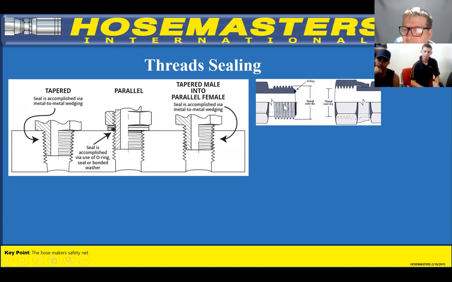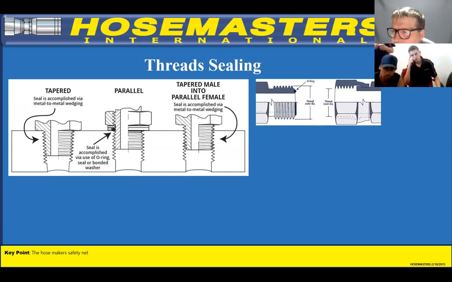Now, remember the UNO ring? Okay, there's the male, there's the female. And you can see what they do. This screws up and see the O-ring? The O-ring will seal. Most of your farm equipment today, any of the new equipment in your areas, are either going to be metric or UNO or ORFS.